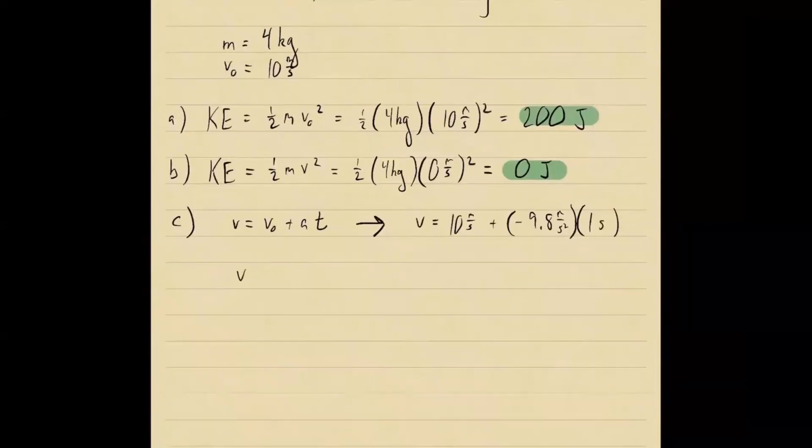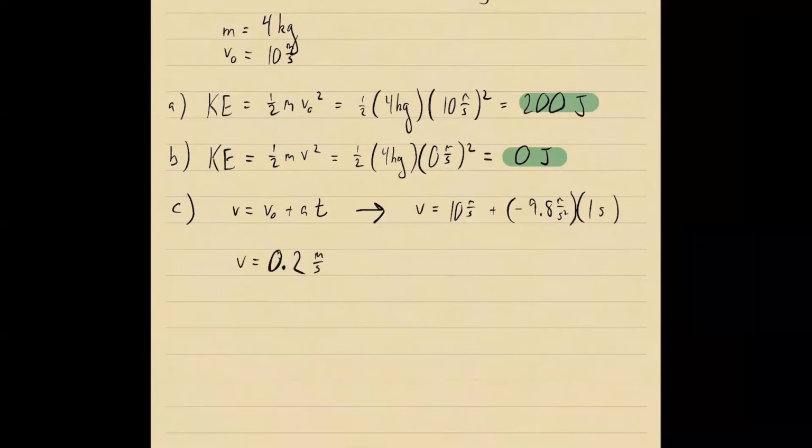So we are going to get a velocity of 0.2 meters per second upwards. This is the velocity of the ball 1 second after being thrown.